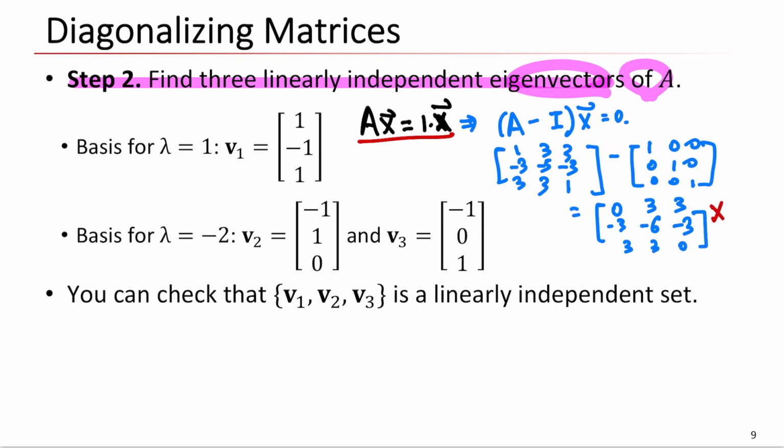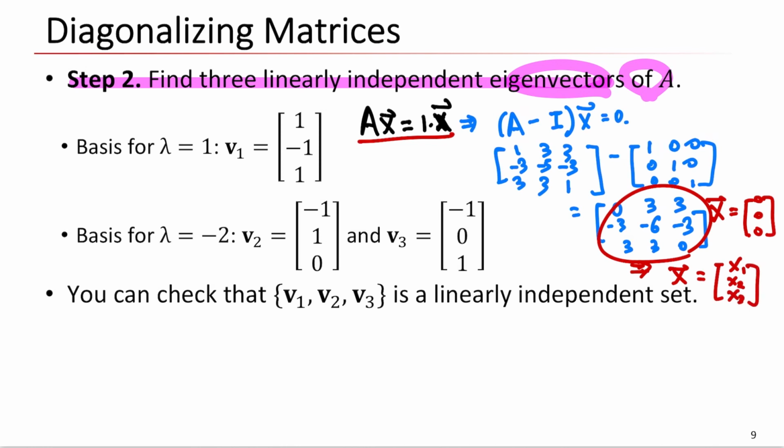How can I find the solution? We can easily do that by row reducing this matrix, then we can represent the vector x as x1, x2, x3, something like this.